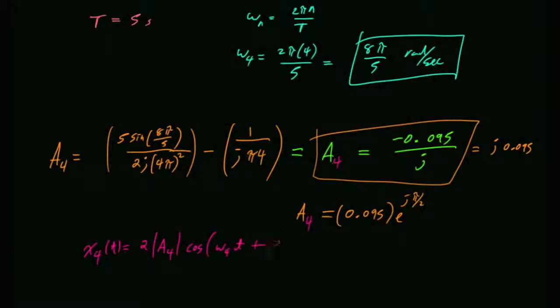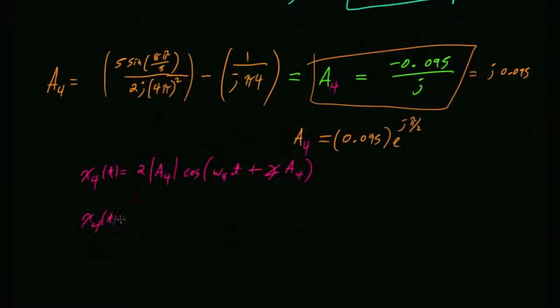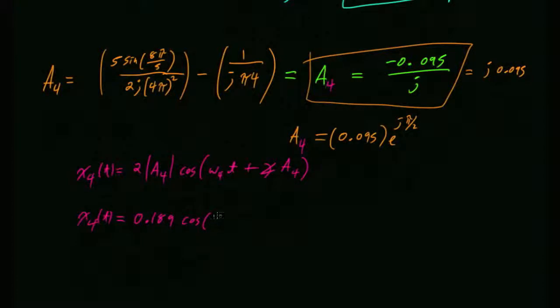So plugging and chugging, 2 times 0.095 is 0.189. So 0.189 cosine of 8 pi over 5 t, you can leave it like that, plus the phase angle, pi over 2.